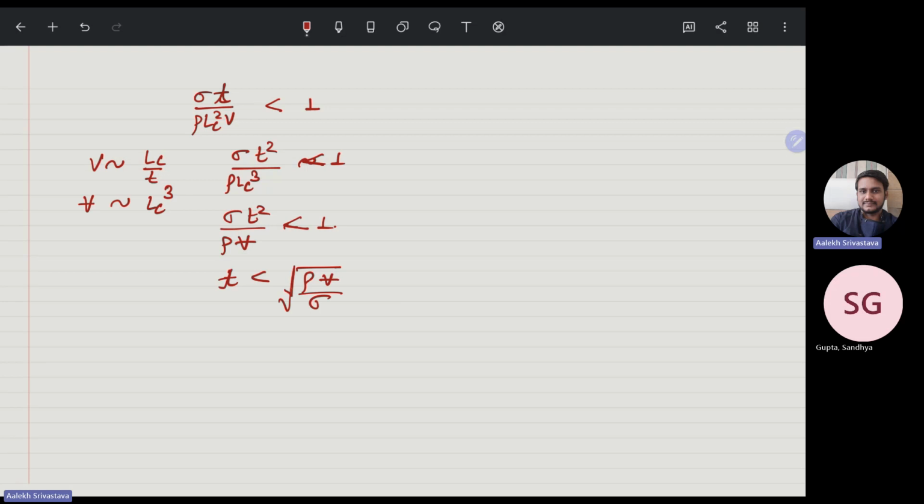So for a time less than this value, we can say that surface tension force is not dominant. So I will mark a line at this point and at this point. So this value is under root of rho V by sigma.